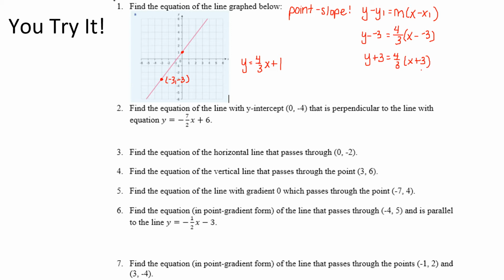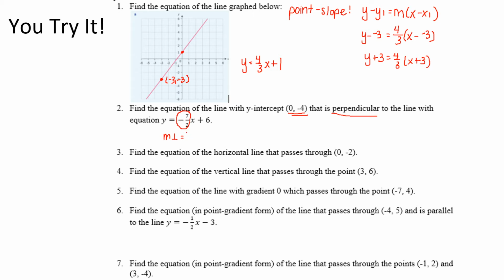In number 2, it says to find the equation of the line with a y-intercept. That's nice, there's our b value. Then they tell us that it's perpendicular to the line y = -7/2 x + 6. So I first identify the slope of the line. If I'm trying to do perpendicular, we have to do the opposite reciprocal slope.